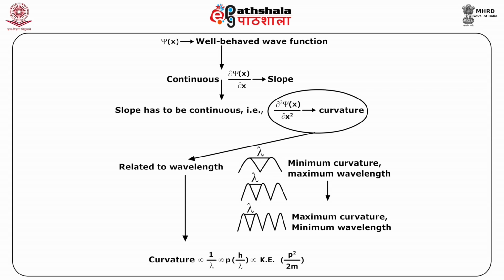You can see that wherever curvature is maximum, wavelength is minimum. So curvature is related to wavelength. And if you remember, wavelength is related to momentum through de Broglie's equation.